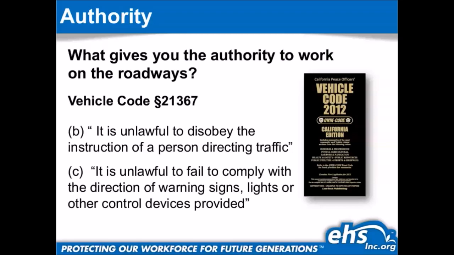Subsection C says it is unlawful to fail to comply with the direction of warning signs, lights, or other control devices provided, which means, and this happens constantly, people are driving through these work zones. They may not be understanding the signs, or they may be doing it out of spite or something, right? They may just be having a bad day. But whenever they're not complying with the direction of your signs or arrow boards or whatever you're using to guide traffic, they are breaking the law.